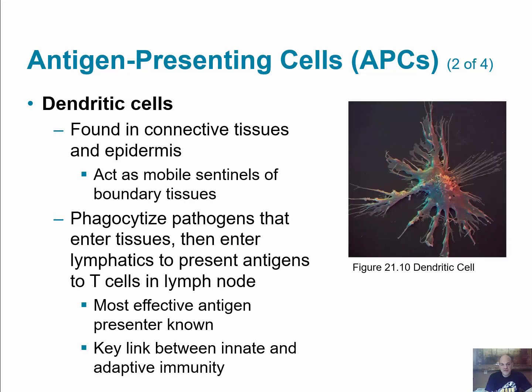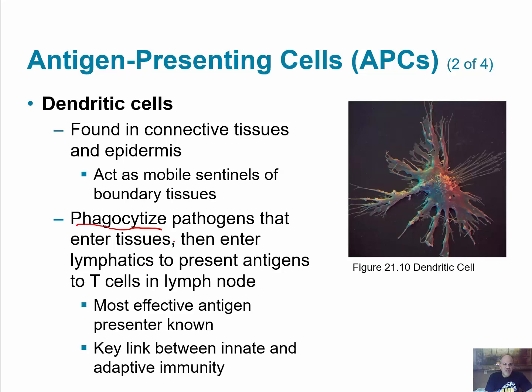For the dendritic cells, there's an image here on the right. These are found in connective tissue and epidermis and act as mobile lookouts for the boundary tissues. They're out there looking for any possible invading pathogens and their antigens. And when those things become present, the dendritic cells can phagocytize them and take them in.